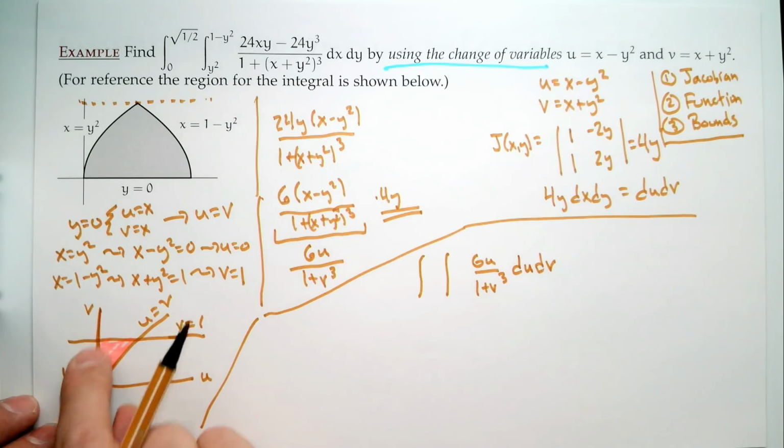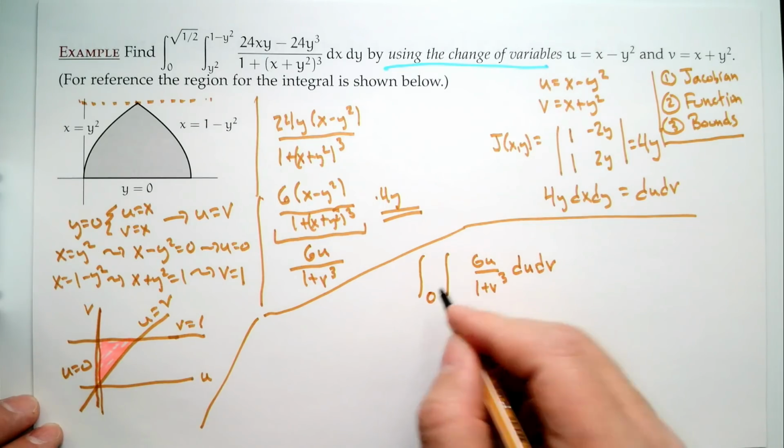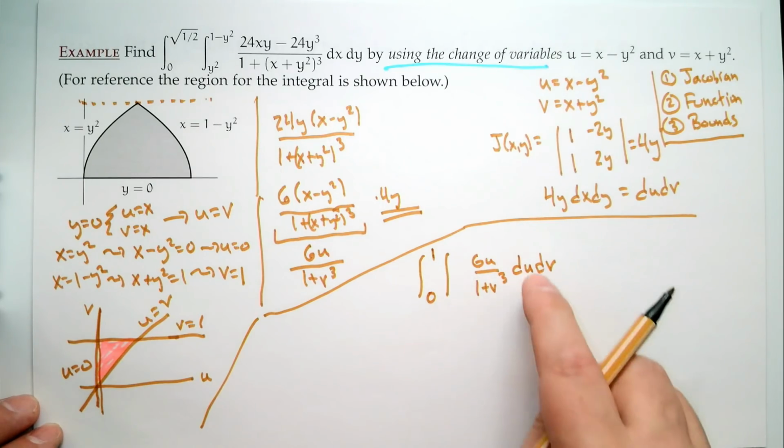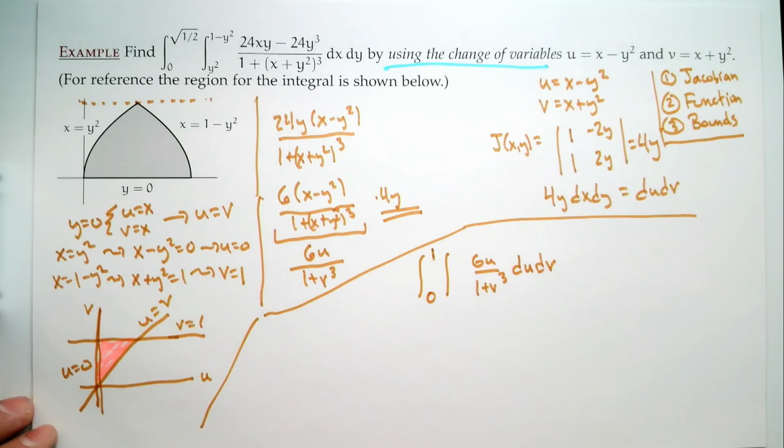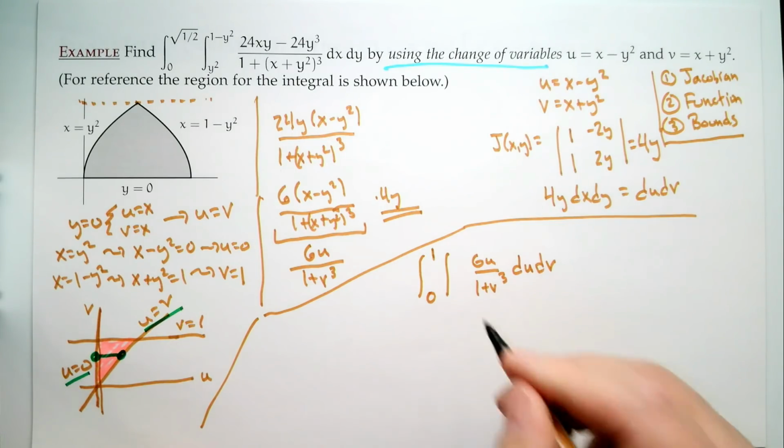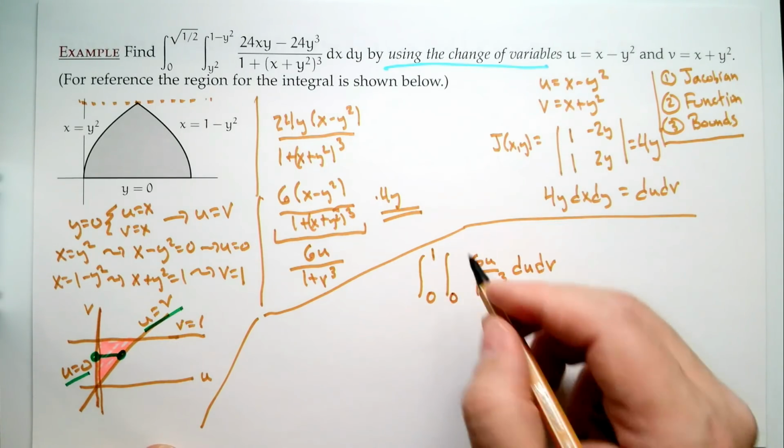We go from 0 up to 1. So 0 to 1. Where does u go from? Well, what's happening is I've picked a v, and I'm going to go between these two curves. So I'm going to go from u equals 0 to u equals v. So that's the two curves I'm going between. So 0 to v.